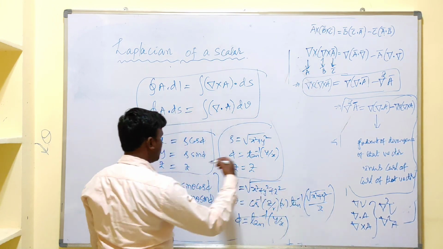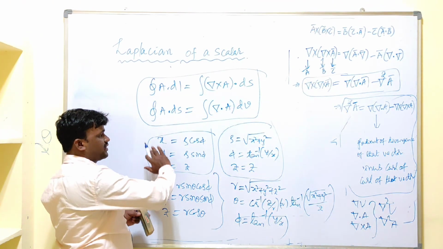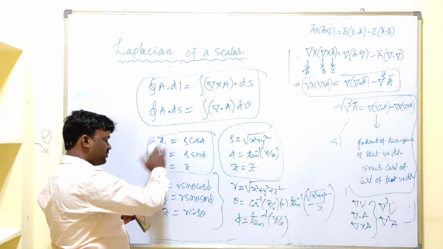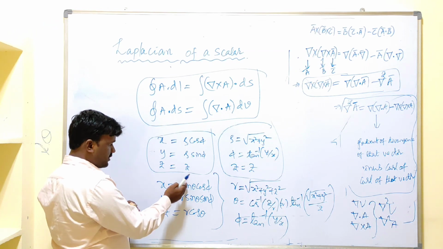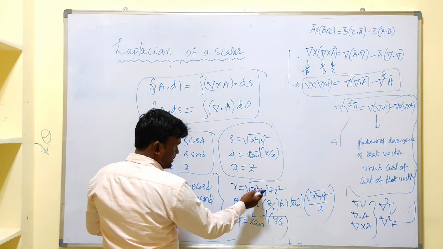This is about the conversion of points from one coordinate system to another. That means Cartesian to cylindrical, cylindrical to Cartesian, spherical to Cartesian, and Cartesian to spherical.